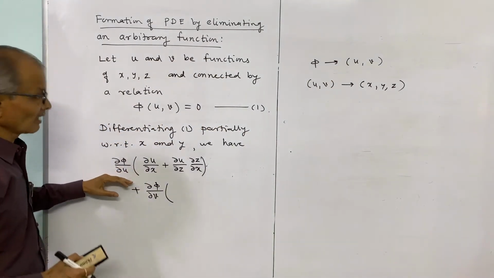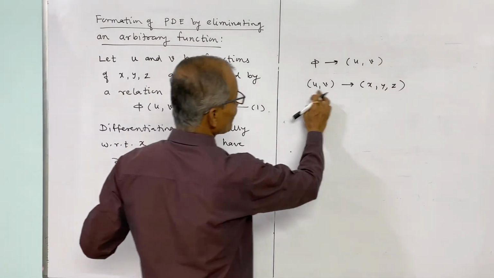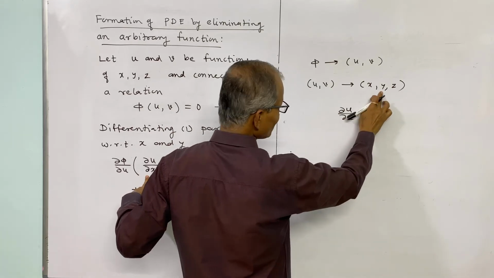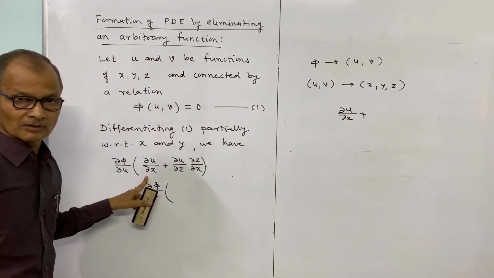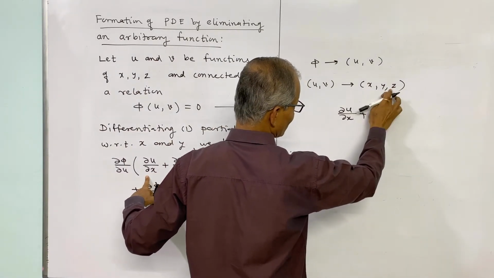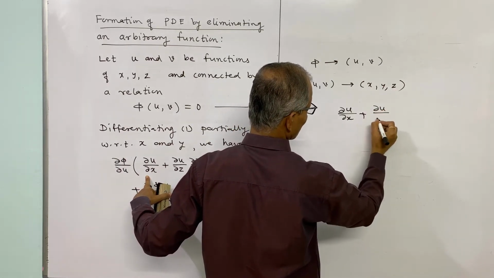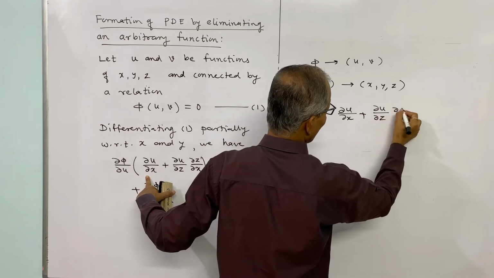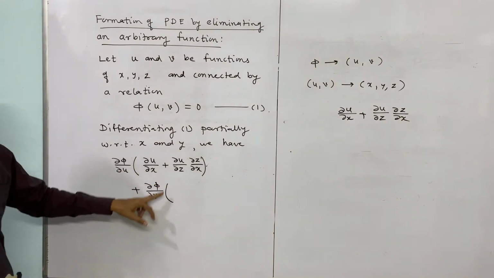That is what we have done here. ∂φ/∂u, and then ∂u/∂x, which will be ∂u/∂x plus, and y is treated as constant, so therefore ∂u/∂y will be 0. But z is dependent, z is also a function of x, and therefore we have to differentiate this z with respect to x also. That means the partial derivative of u first with respect to z, and then the partial derivative of z with respect to x. So that we have written here.